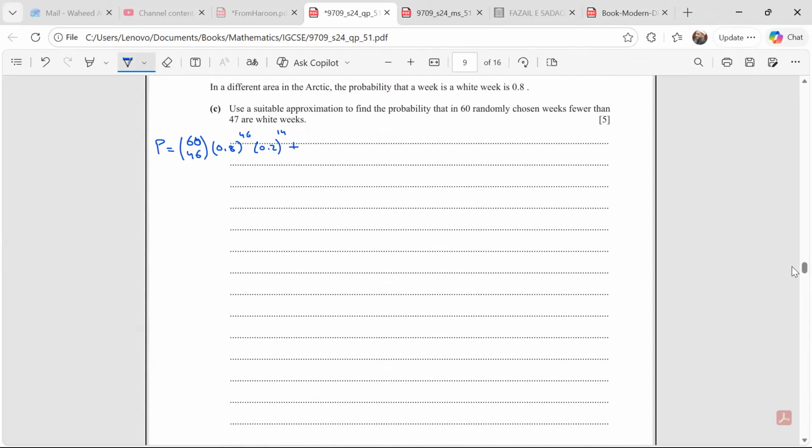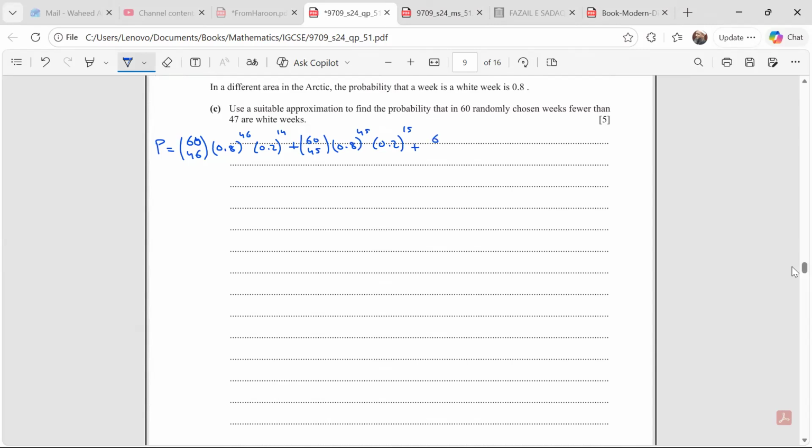What's the probability of 45? That is 60 combination 45, 0.8 to the power 45 and 0.2 to the power 15, right? What's the probability that 44 weeks are white?